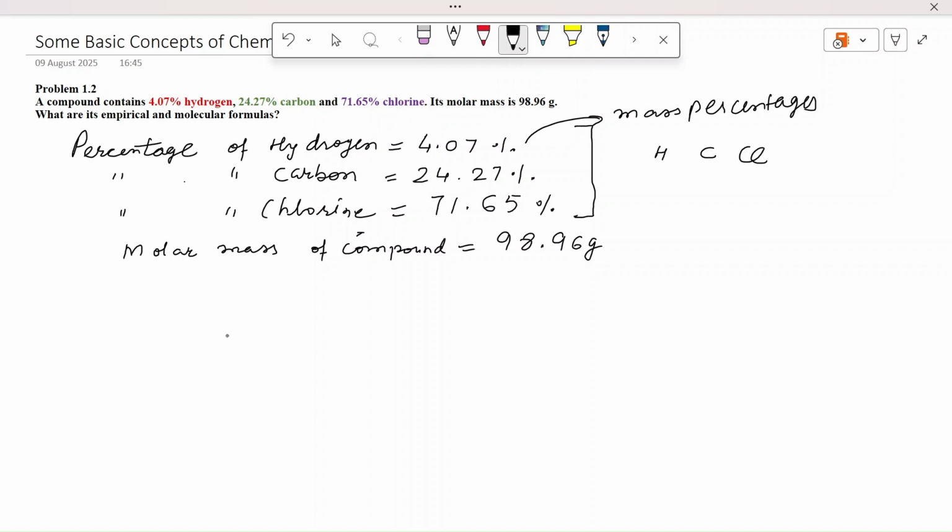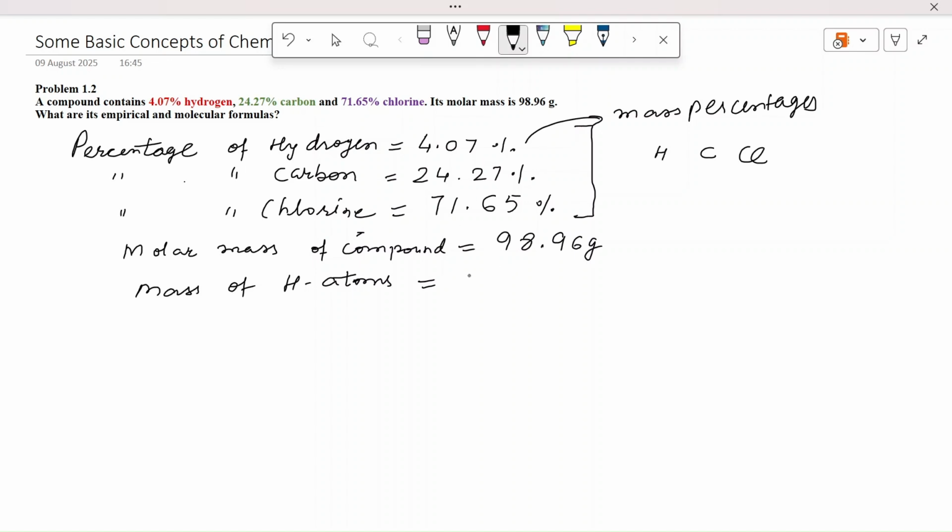So let's convert. The mass of hydrogen atoms is given as 4.07; according to the mass percentage definition, 4.07 grams of hydrogen is present in 100 grams of compound.